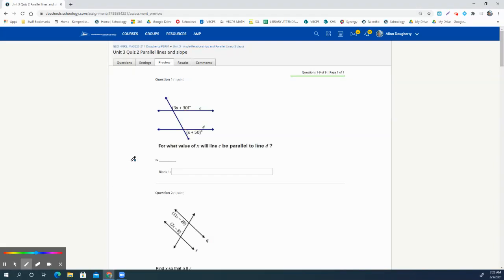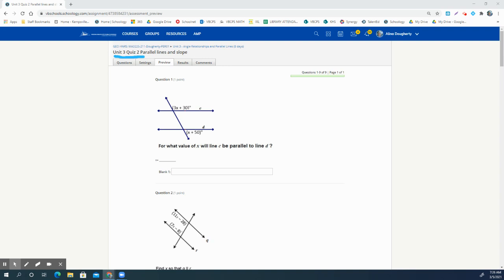All right, guys. So if you weren't able to do this, navigate over to this Unit 3 Quiz 2, Parallel Lines. Is the very last thing. Oh, it won't let you access it? Yikes. Is that because it's closed?